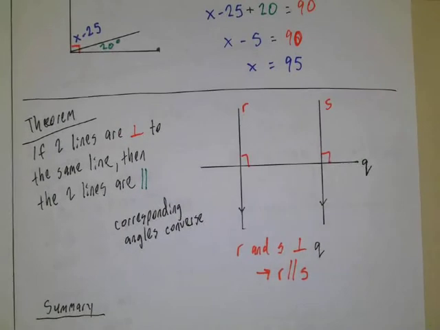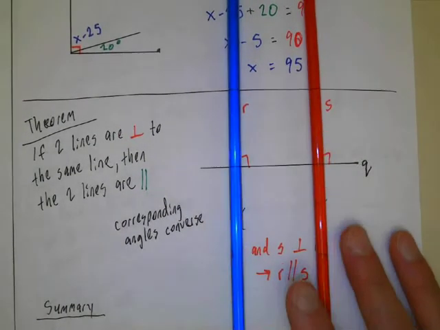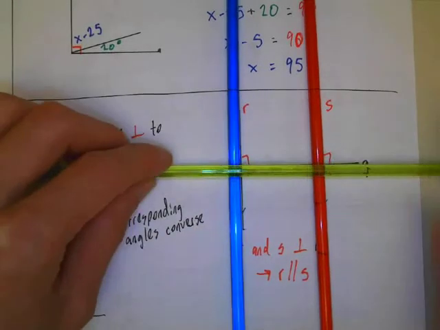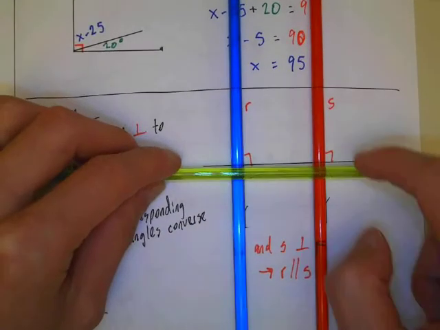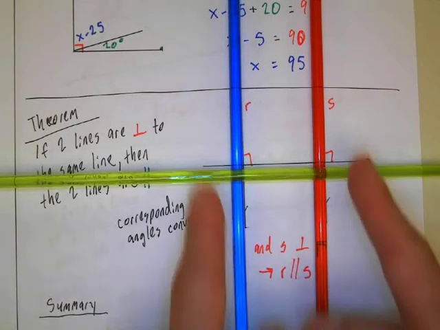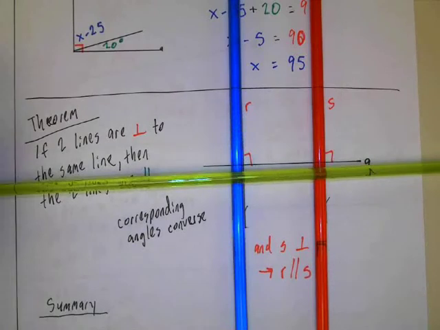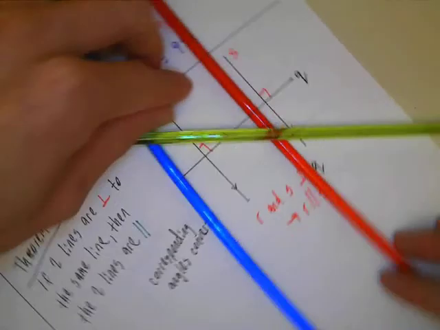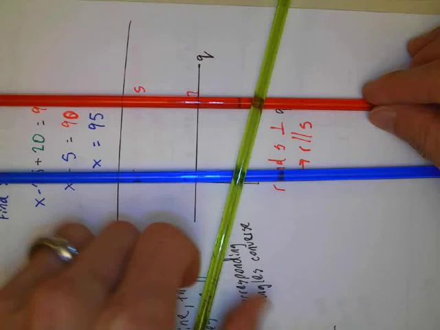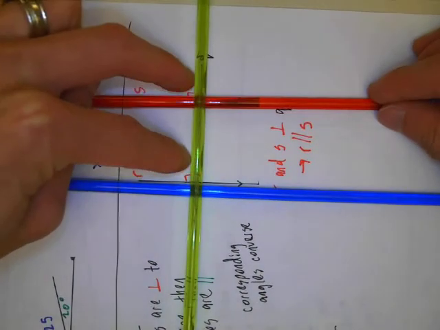Finally, the last theorem is kind of neat. It says if you have two lines and they're both perpendicular to the same line, you can automatically conclude that this blue and this red line are parallel. Why is that? Well, if I flip this, it's going to shift a little, and we see that we have two corresponding angles.